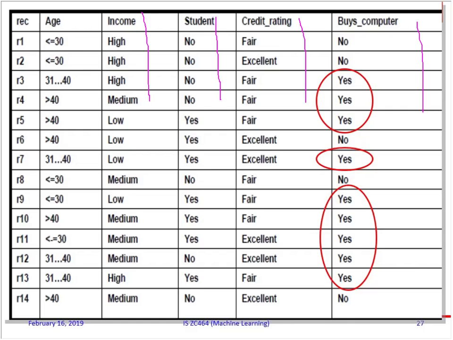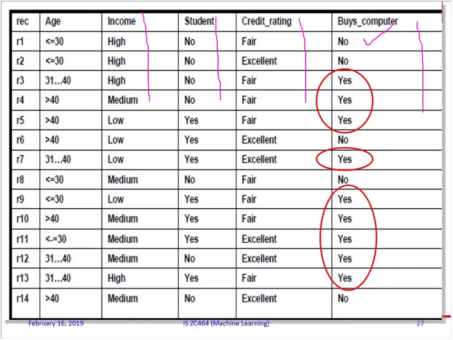That is what is to be predicted, the target class. So this is again a binary classification problem, and the patterns are different. Somebody is less than 30, in a high income group, not a student, and the credit rating is fair. Still the person doesn't buy the computer. That is the observation.